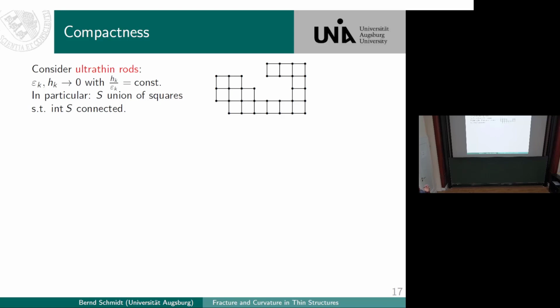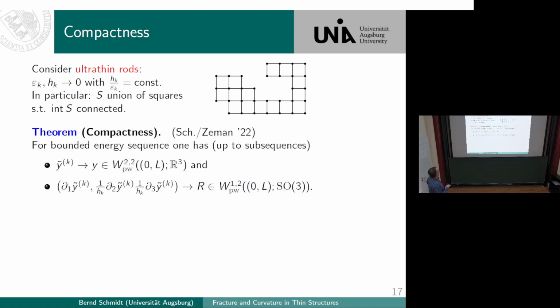Meaning that the cross-section in atomistic units is of fixed size. So this means the thickness of the film is a fixed multiple of the interatomic spacing. And in particular, this means we can treat the cross-section as being fixed, a union of squares, basically.